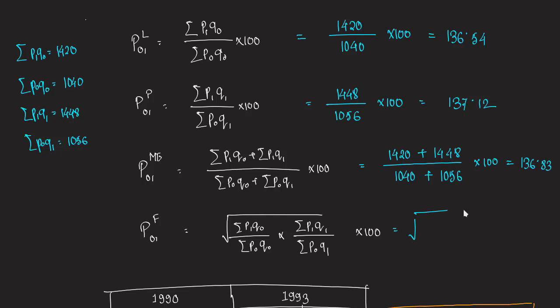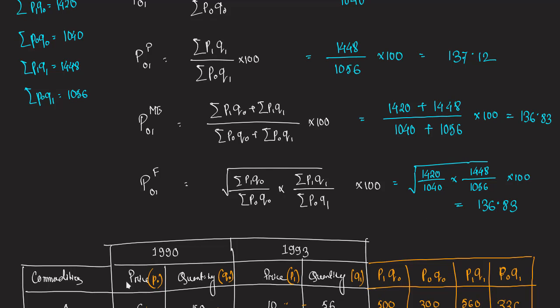And lastly, this is equal to square root of 1420 divided by 1040 into 1448 divided by 1056 into 100, which is equal to 136.83.